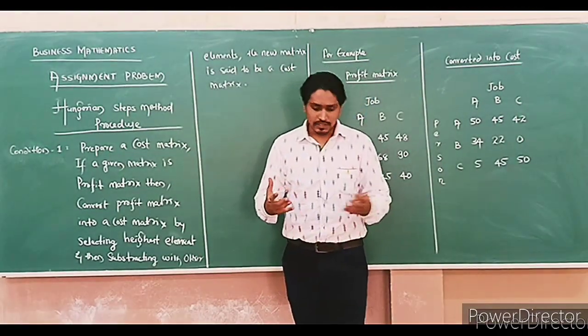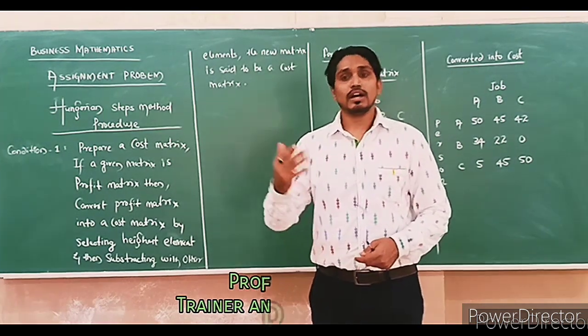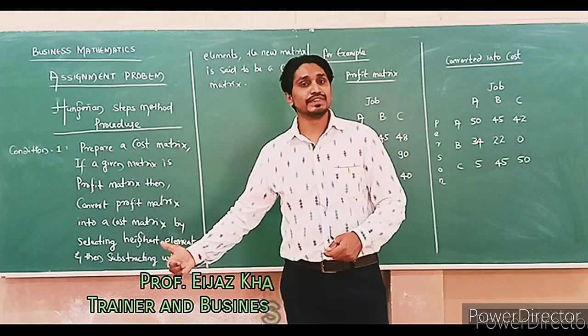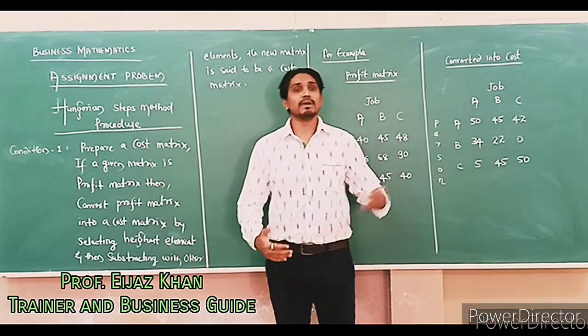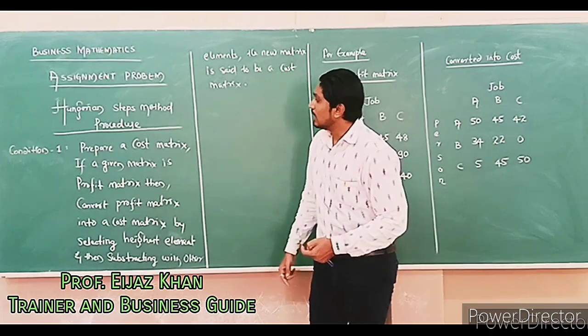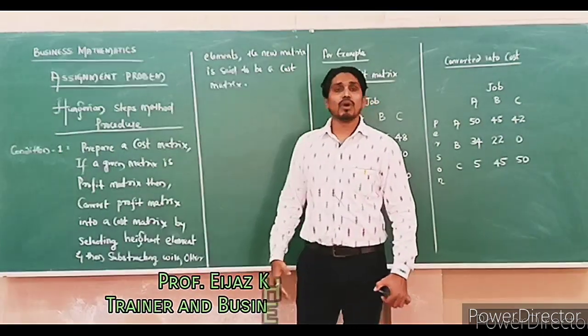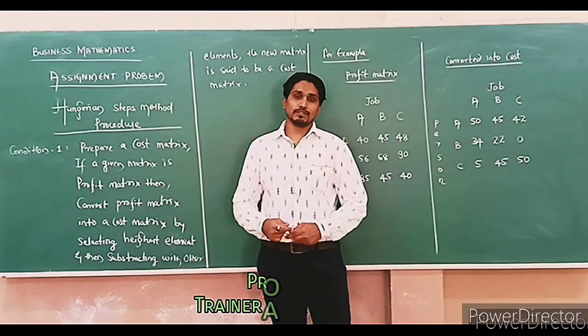There are conditions, condition number 1, condition number 2, and steps 1, 2, 3, 4, 5, depending upon the problem given. Now, let us shed light on condition number 1 of the Hungarian Method Procedure.